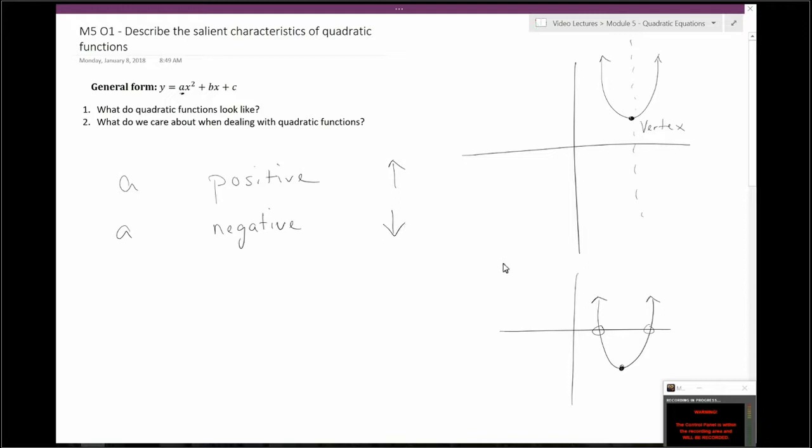So if we had maybe this 3rd example, this quadratic function is pointing down. And again, we still have the vertex. I won't worry about the stretching right now. The a also will determine how much the parabola stretches, but that's not as important as which way the parabola is pointing and knowing where that vertex is.